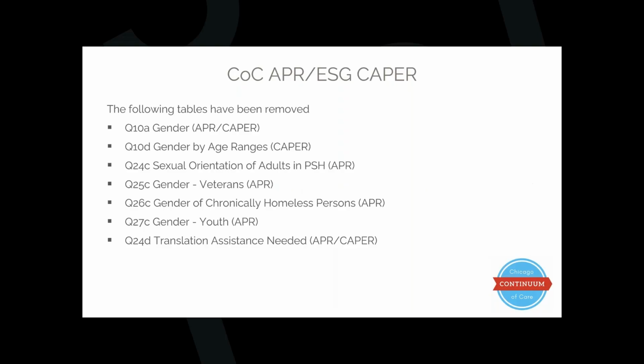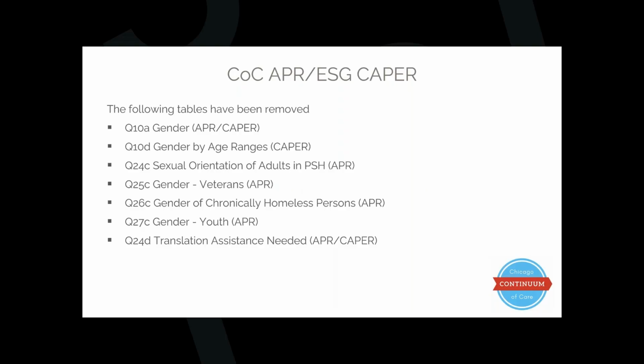The things in the APR and the CAPER that are going to be removed are all in relation to the data elements changing. Question 10A, which is gender, currently available in the APR and the CAPER. Question 10D, gender by age range, only available in the CAPER. 24C, sexual orientation of adults in permanent supportive housing, only available in the APR.